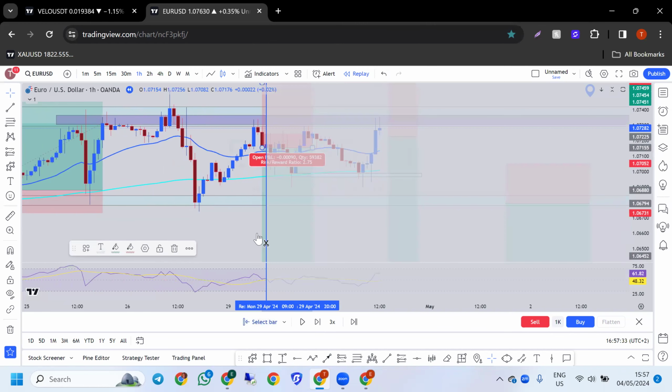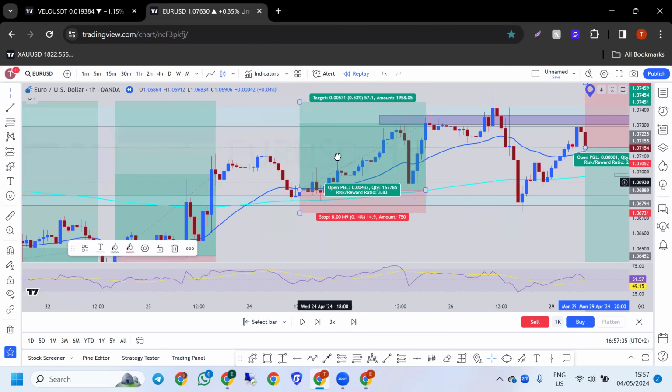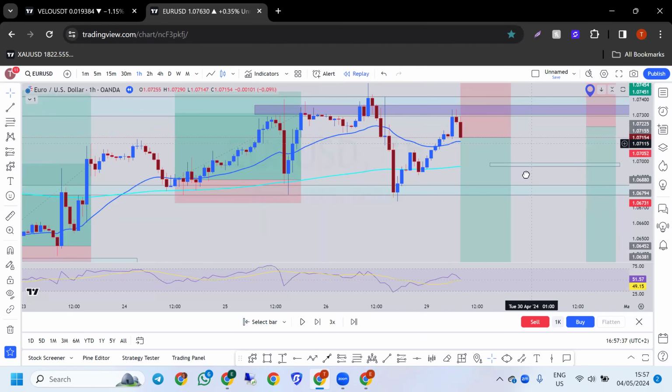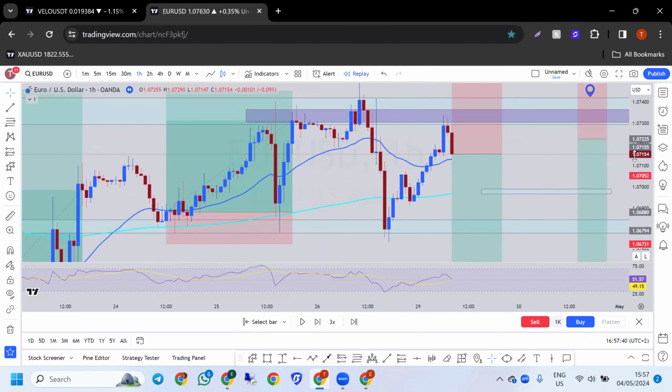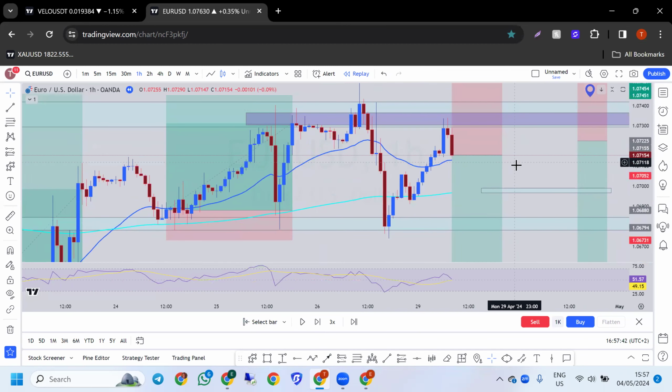You can see that beautiful evening star. This is a beautiful evening star candlestick variation for people that wait for entry confirmation. You just mark this place, but I don't do it.